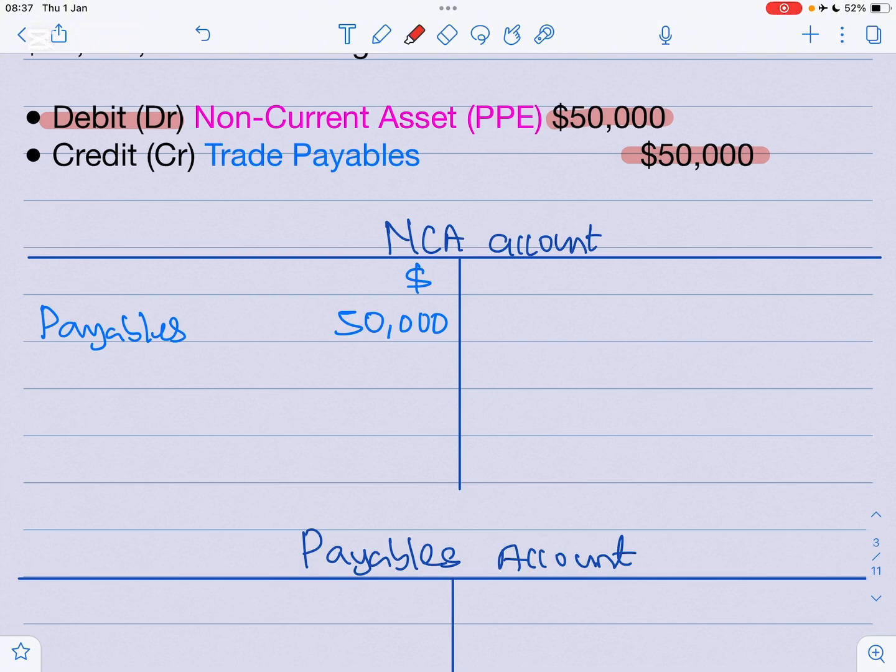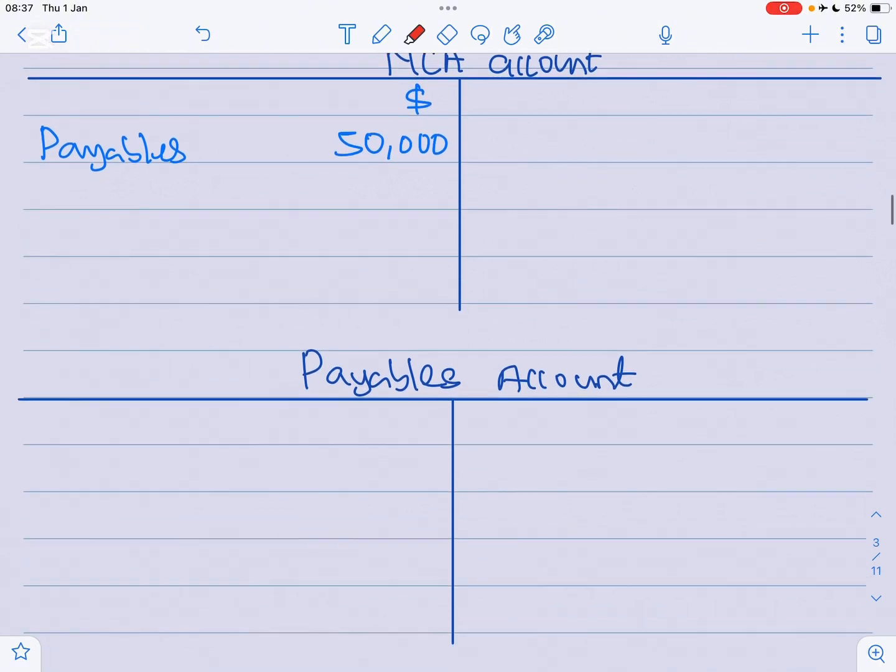The corresponding credit entry is to record that we have a liability. So we must come to the payables account, record the 50,000 on the credit side. Why on the credit side? Because it is a liability. Okay, a quick one.